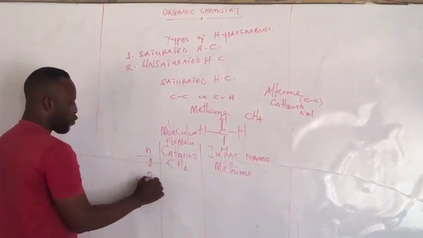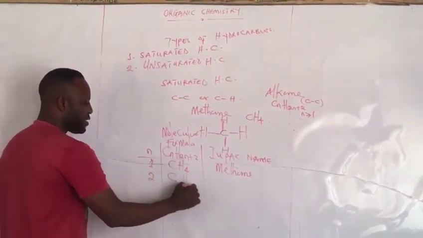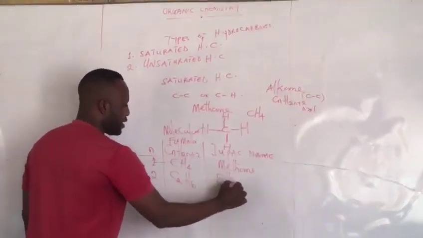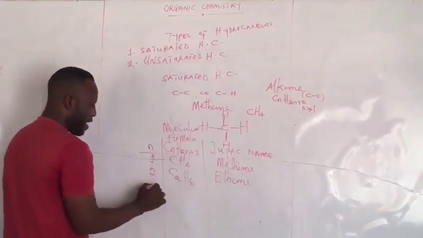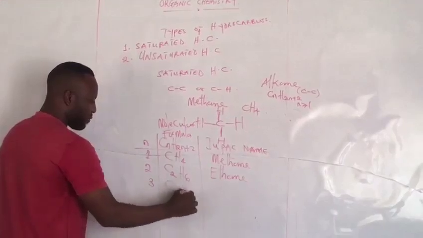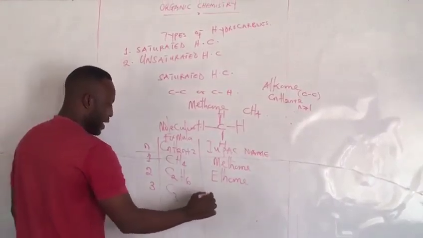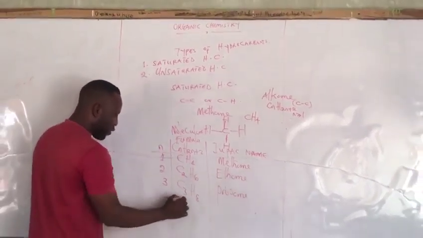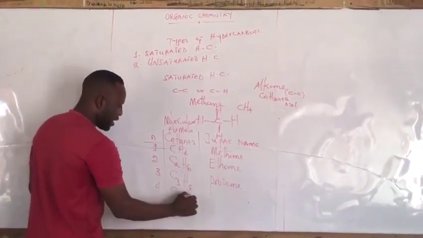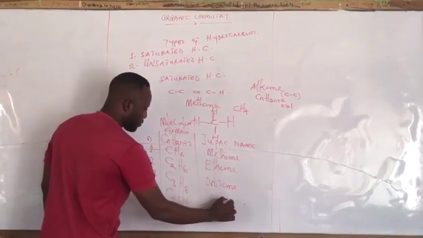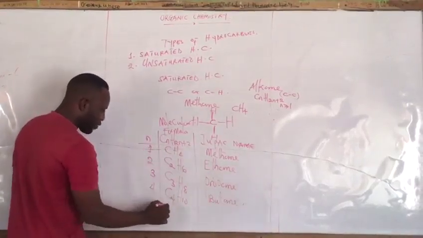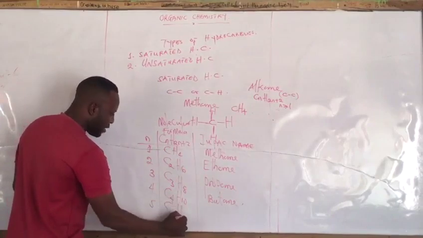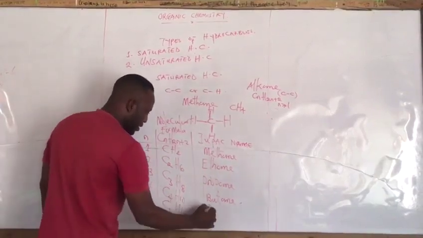If n equals 2, we have C2H6, and that is ethane. If n equals 3, we have C3H8, and that is propane. If n equals 4, we have C4H10, and that is butane. If n equals 5, we have C5H12, and that is pentane.